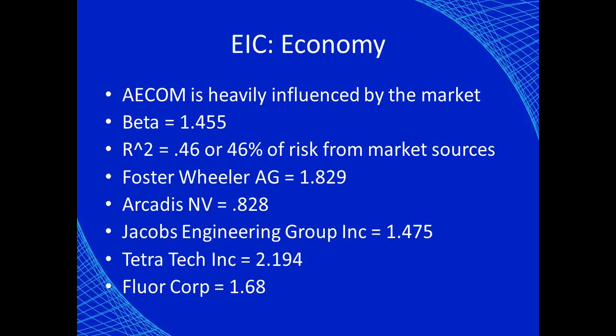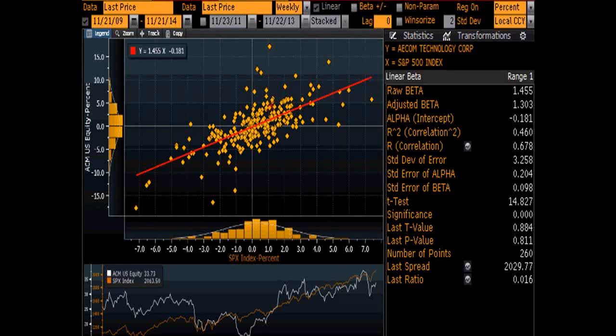Arcadis NV has a beta of 0.828. Jacobs Engineering Group has a beta of 1.475. Tetra Tech has a beta of 2.194, and Fluor Corp has a beta of 1.68. So as you can see, the industry as a whole is pretty much heavily influenced by the market. And then here is showing the beta for AECOM.